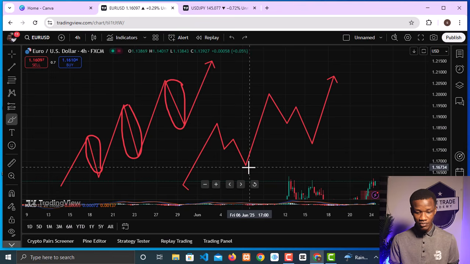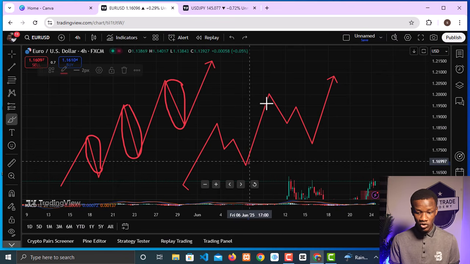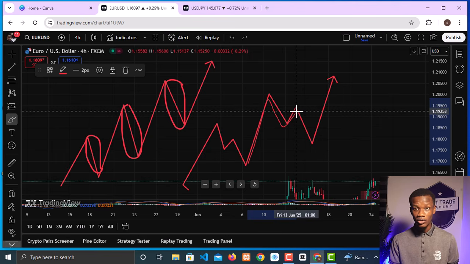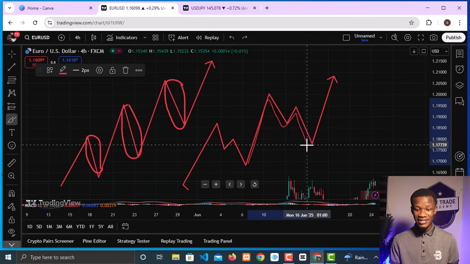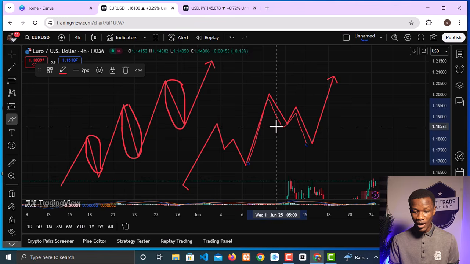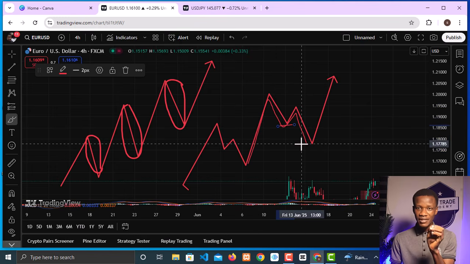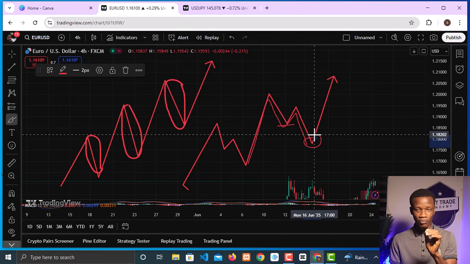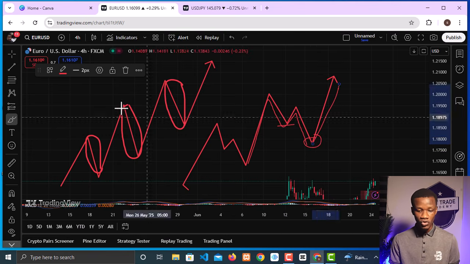The same thing, if the market moves this much impulse all the way to the upside, and then we have the first correction, the market moves as if it's moving upward, and then comes back down again, creating a new low lower than the previous low at this very point, and then we see a 50% to 60% retracement, the golden pocket of the Fibonacci tool, then I'll consider this a good point to look for an entry for the market to move all the way to the upside.